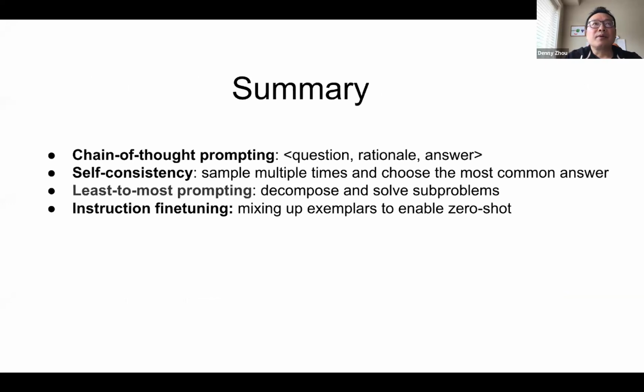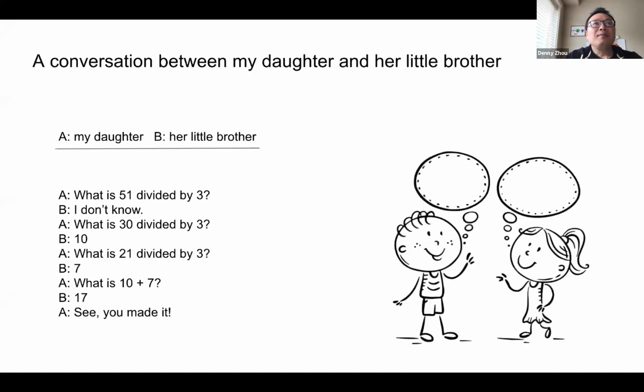Now let me give a summary. So I talked about chain of thought prompting, self-consistency, least-to-most prompting, and instruction tuning. Let me further use a conversation between my daughter and her little brother to illustrate those ideas.